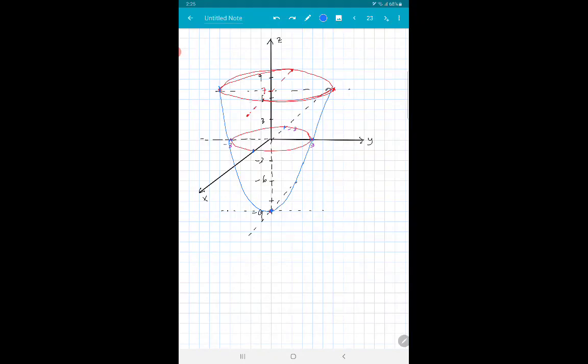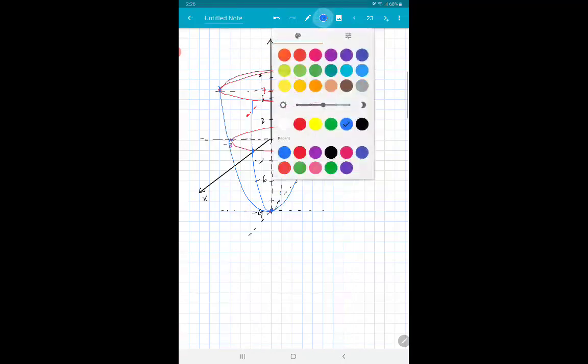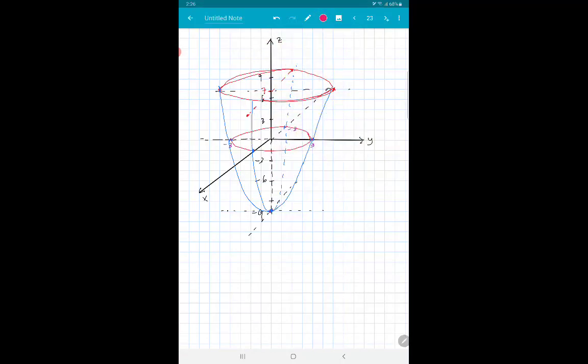Not very pretty here. Something like that. Well, this should be bigger. Intersect here, I guess.